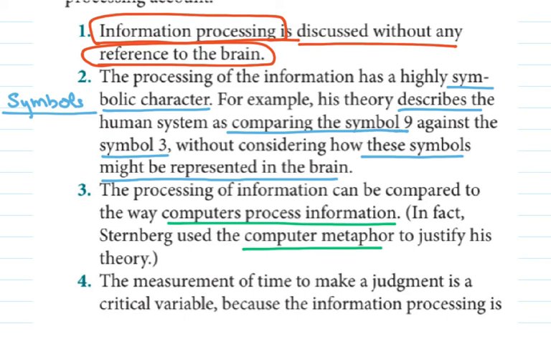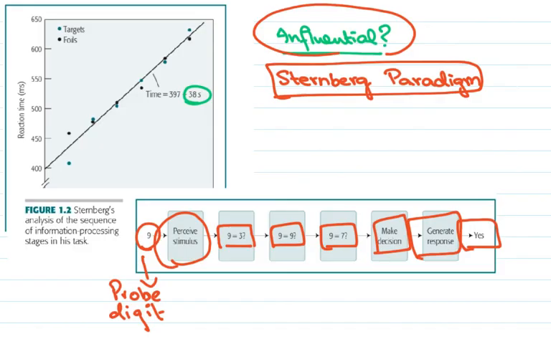Then you have the fact that the measurement of time to make a judgment is a critical variable, right? What you believe is that information processing is happening in these discrete steps, right? And that's what we saw in the flowchart here, that there are these steps that are sort of followed in coming to a particular decision.